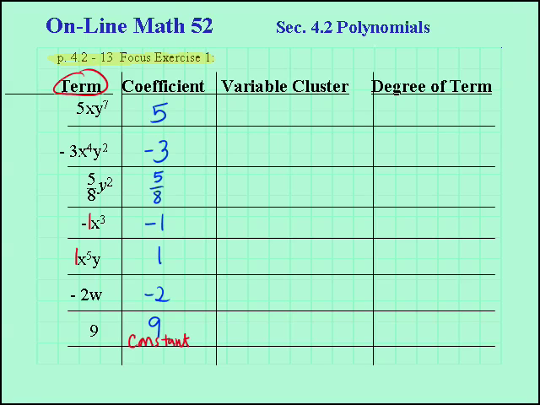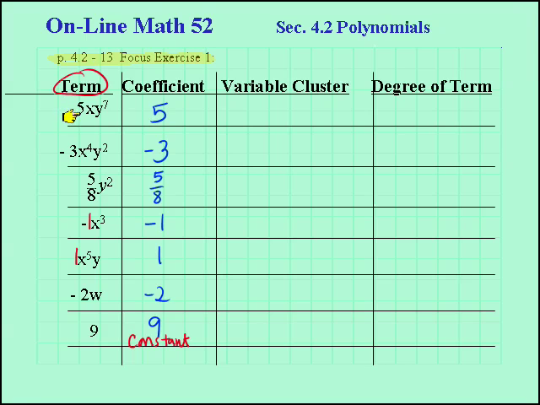I think we'll just leave it as it is, because it'll get a little bit confusing. I'm not here to confuse you. I'm here to help make things make more sense. It's a constant. We'll call it a coefficient still, but it really is a constant, kind of a dual name for the same thing. Now the variable cluster, that's the rest of the term without the coefficient.